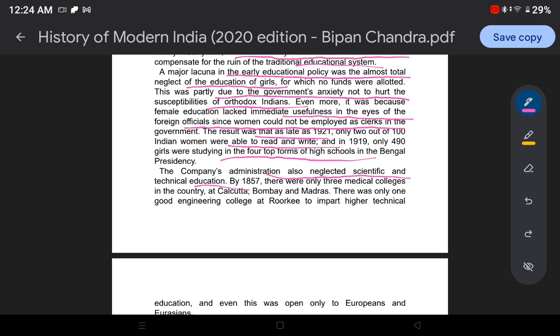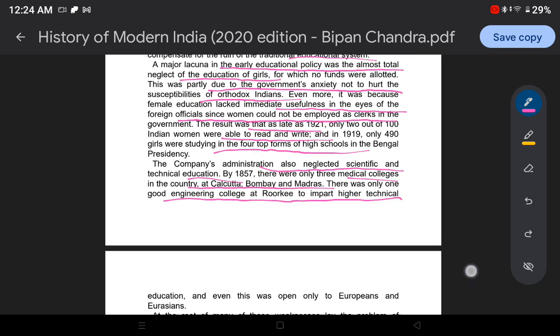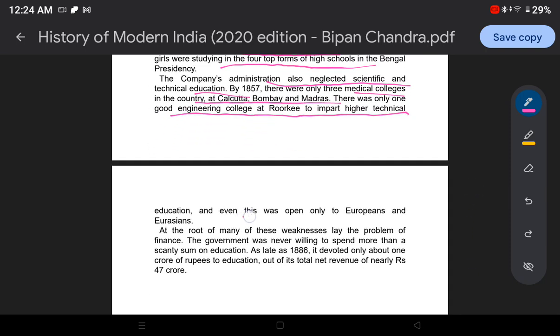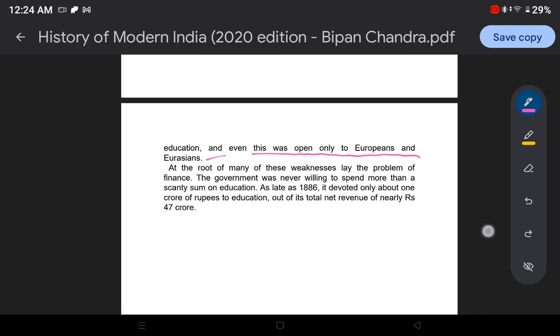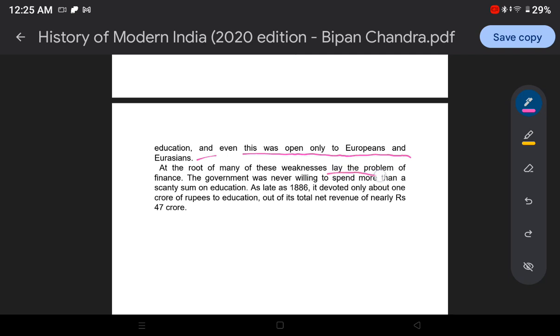By 1857, there were only three medical colleges in the country, at Kolkata, Bombay, and Madras. There was only one good engineering college at Roorkee to impart higher technical education, and even this was open only to Europeans and Eurasians. At the root of many of these weaknesses lay the problems of finance.